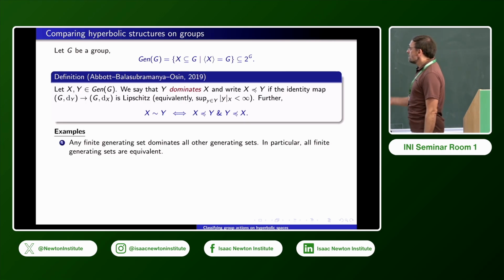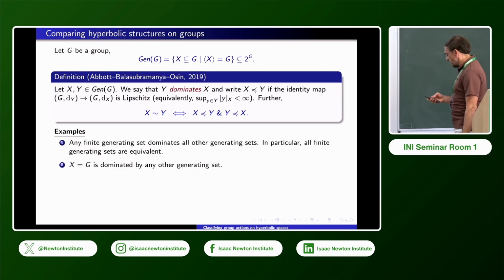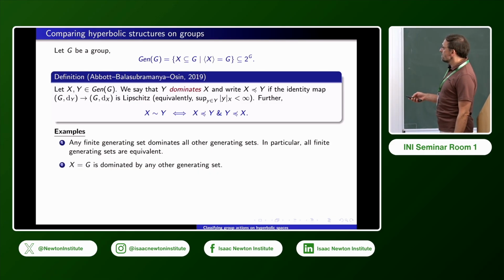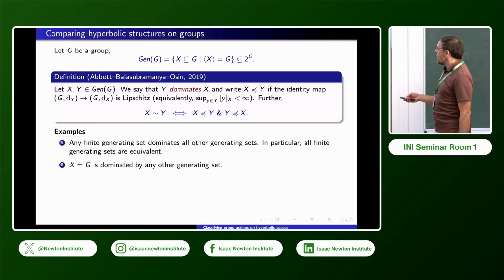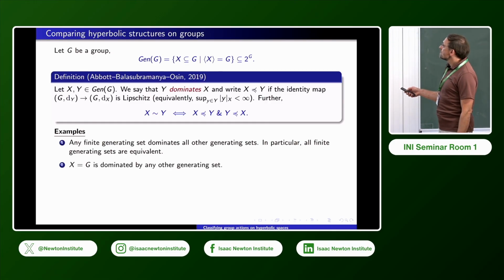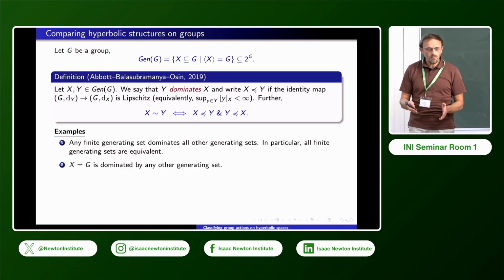And here are the examples which I've already mentioned. If you take X to be the set of all elements of G, then this generating set is dominated by any other generating set, because the corresponding metric space here will be bounded, right, of diameter 1.